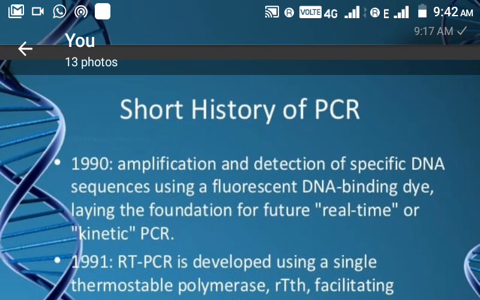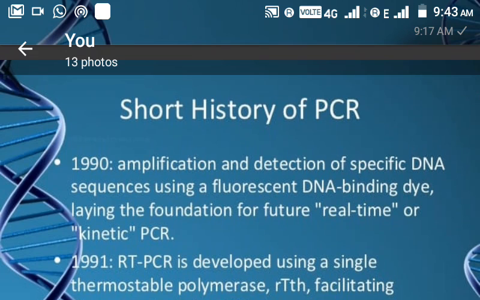One is real-time PCR and the second is reverse transcriptase PCR. Reverse transcriptase PCR is used to amplify RNA as a template, meaning to prepare cDNA, complementary DNA. You might know this from your molecular biology class. So for that purpose RT-PCR was developed in 1991.